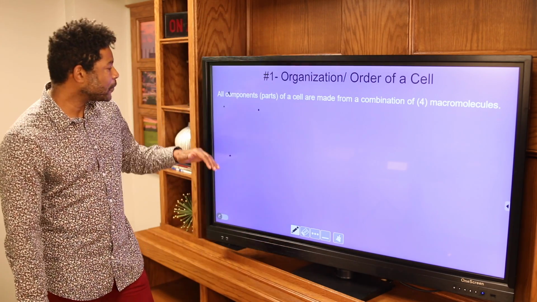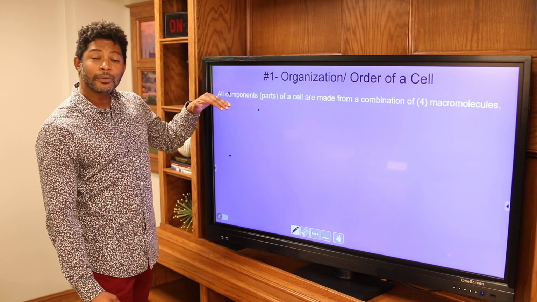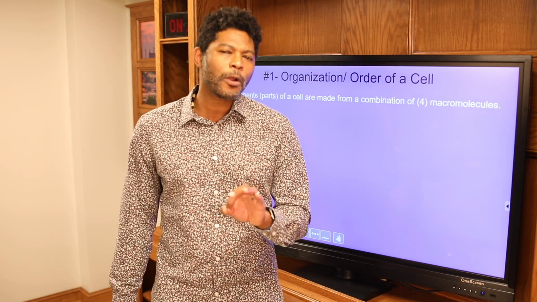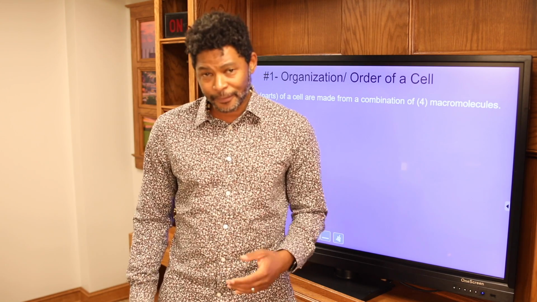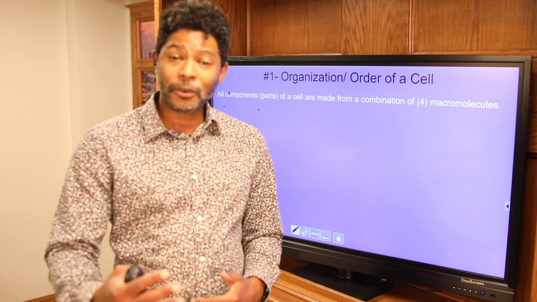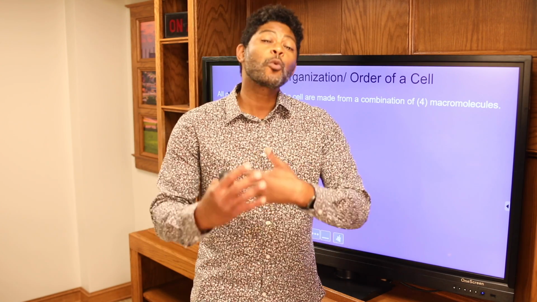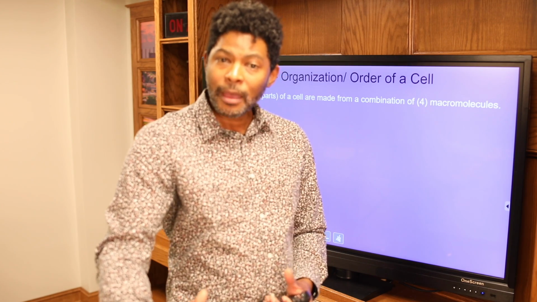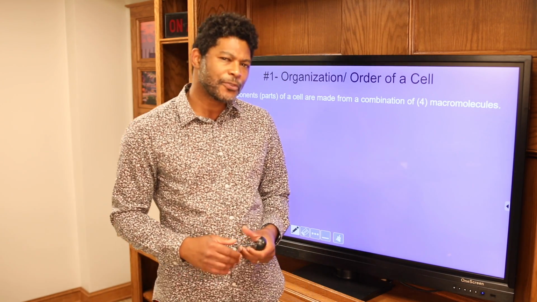So all components or parts of a cell are made up of a combination of 4 macromolecules. Now, let me stop. Macro, large. Molecule, something that has more than one atom. Think of it that way. So we're talking about these blocks, these units that have more than one atom, but they make up all these different components of a cell.